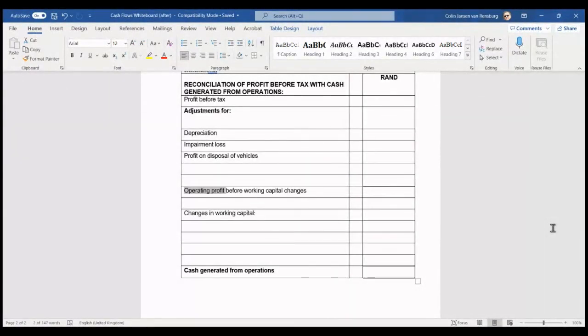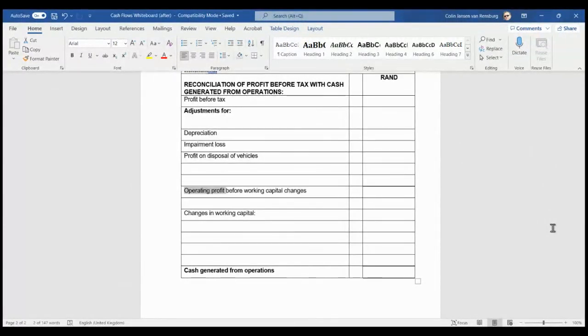Let me put it differently. What we now have to do is change that profit into a cash flow. We've already, in our first kind of adjustments, created a profit that only relates to operations. But now we've still got to change that profit to a cash flow.